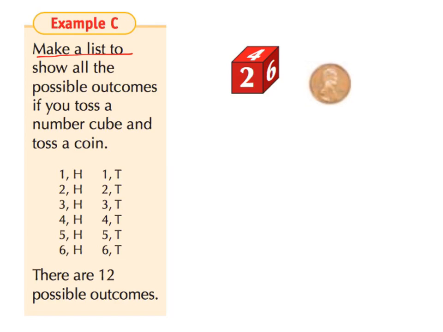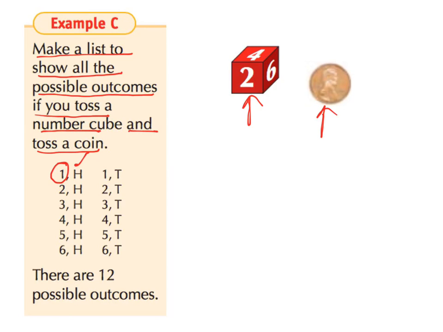Make a list to show all the possible outcomes if you toss a number cube and toss a coin. So let's see, you're tossing a number cube and a coin. Let's take that the first time, if you toss the number cube, it lands up with 1, and when you toss the coin, it lands up with heads.